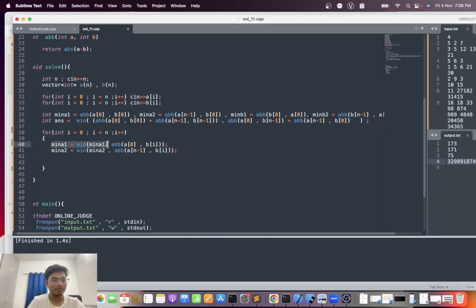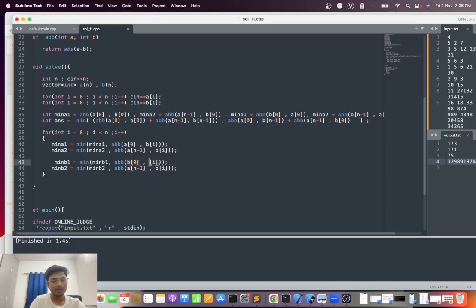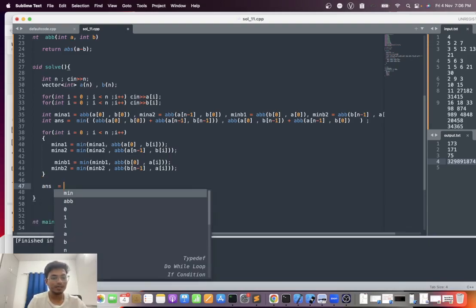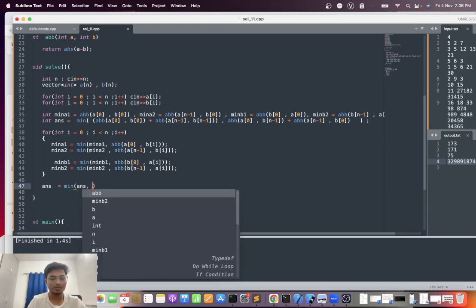Same now two values for the b, that is b1 b2. I need just b0 to any a and b of n minus 1 to any a. Here we go. So now the answer will be just a minimum of answer comma.